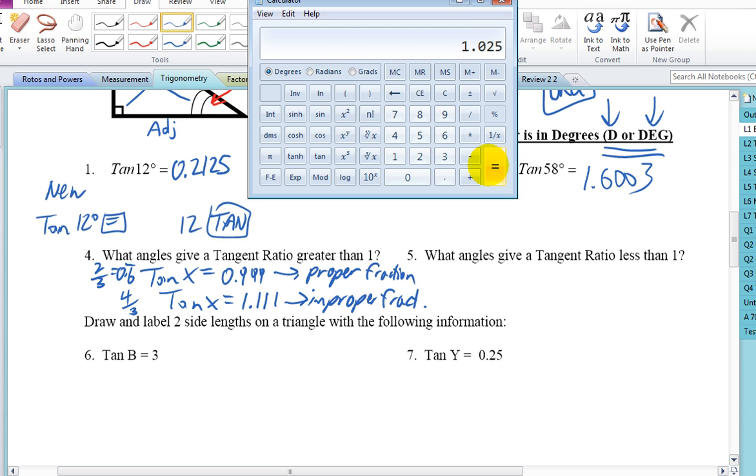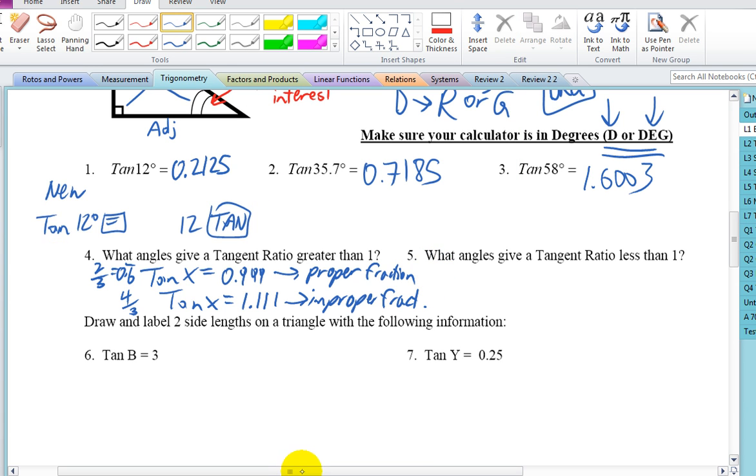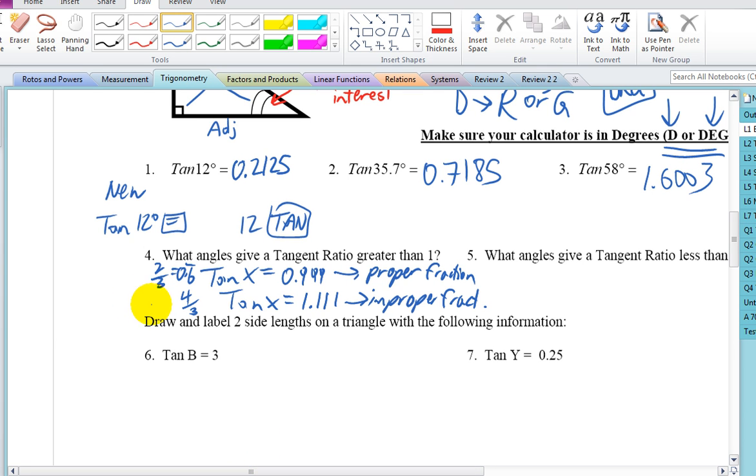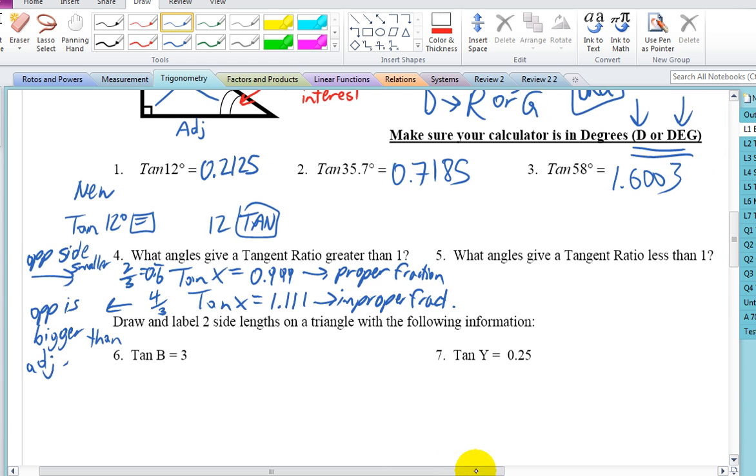Okay. So what we want to find basically is your opposite side. Here your opposite side is bigger than the adjacent side. And here your opposite side is smaller, because your opposite side goes on top.